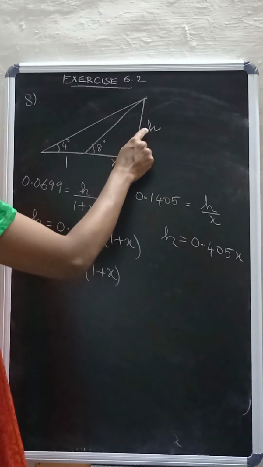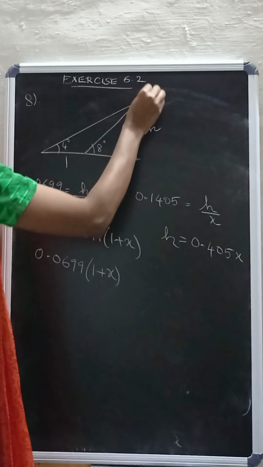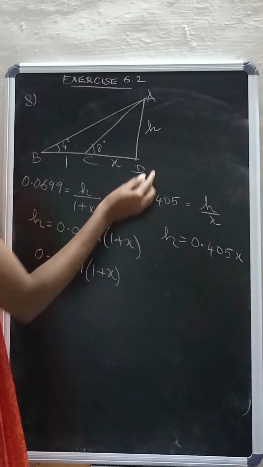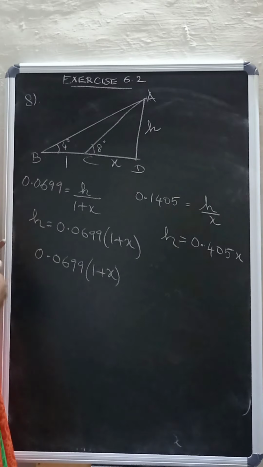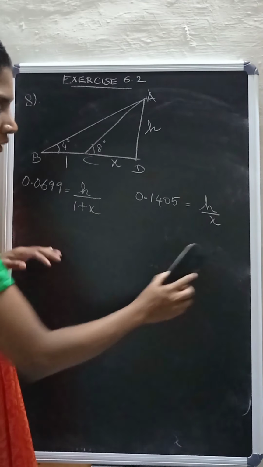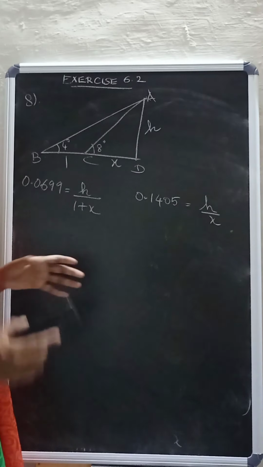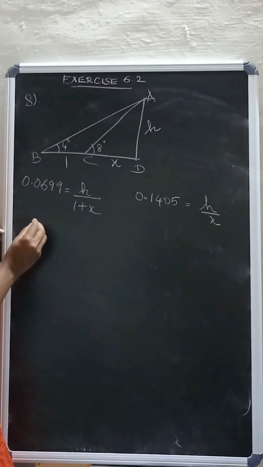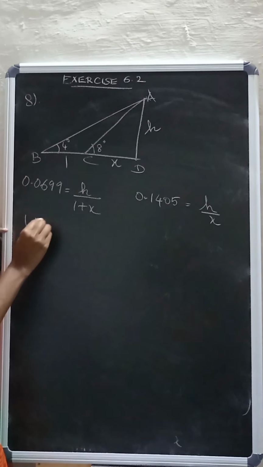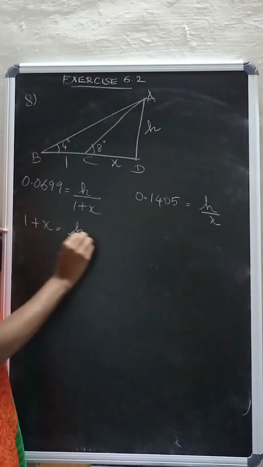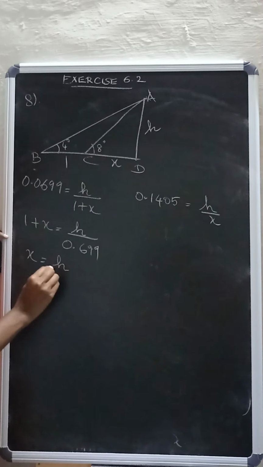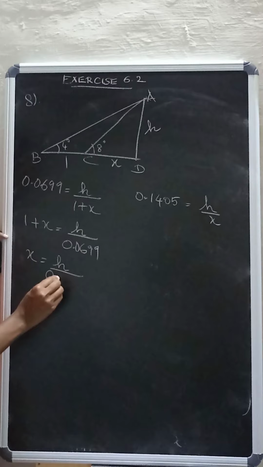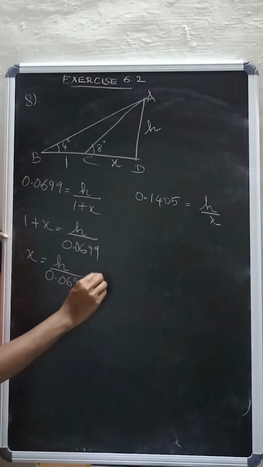See here, they are asking you to find the height of the peak. So let us find the value of x, equate, and directly find the value of h, instead of finding x and then substituting to find h. I am just finding the value of x. So 1 plus x is equal to h by 0.0699. So x is equal to h by 0.0699 minus 1.